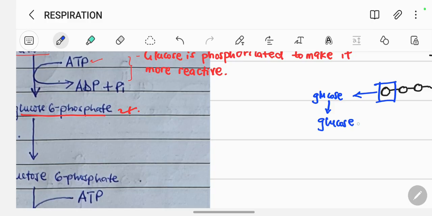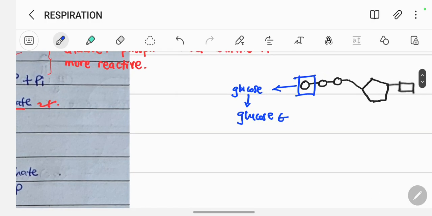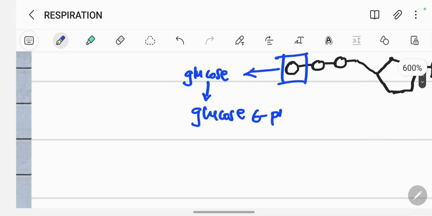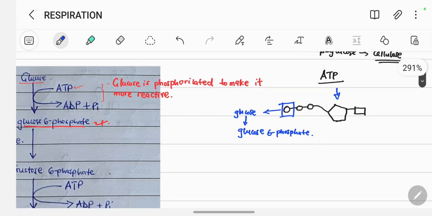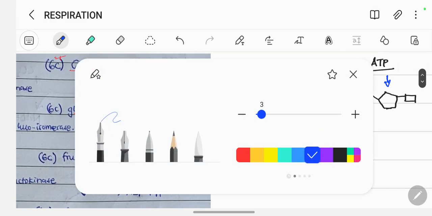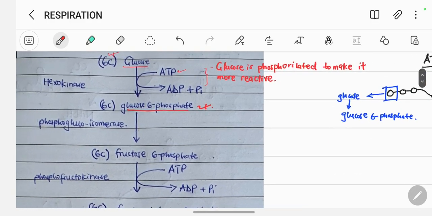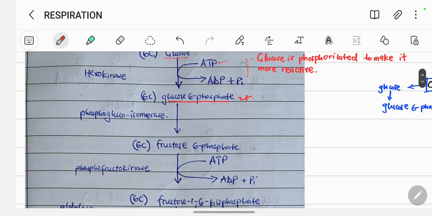So glucose 6-phosphate. From our simple structure of ATP here, you observe that. So now this glucose 6-phosphate is reactive.